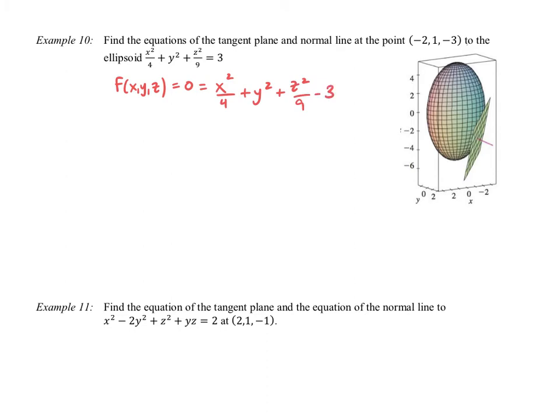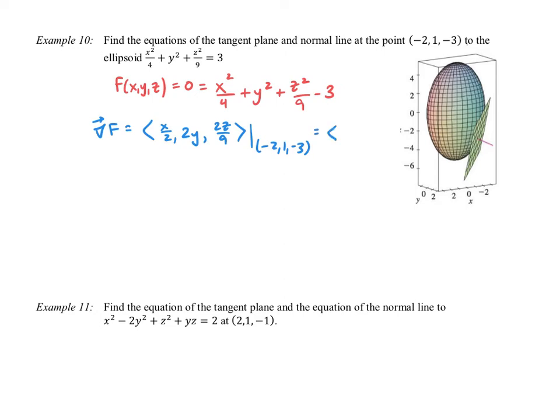And then our next step would be to find the gradient vector of this particular function, because remember that's going to be how we're going to come up with this equation of a plane. So we have x over 2, and then 2y, and 2z over 9. And then we're going to evaluate this at -2, 1, -3.